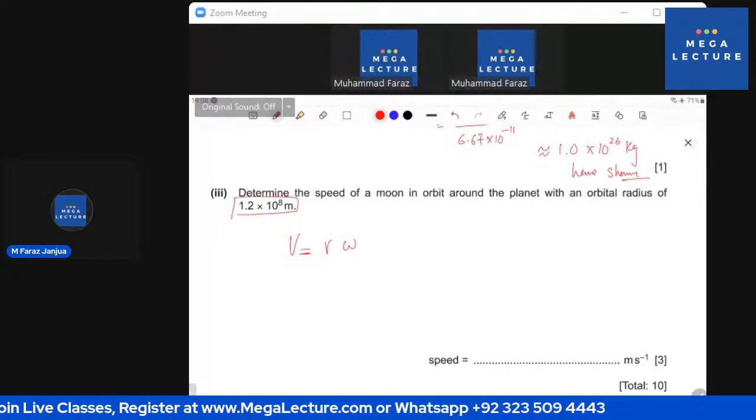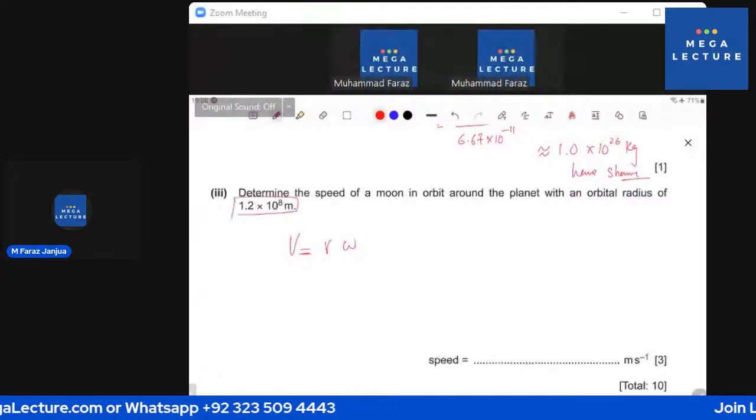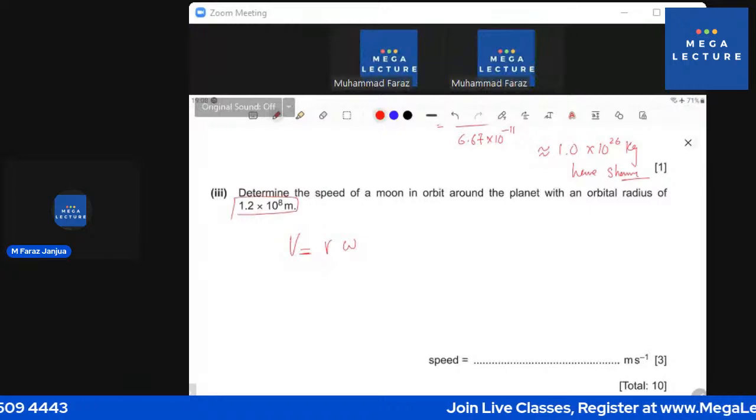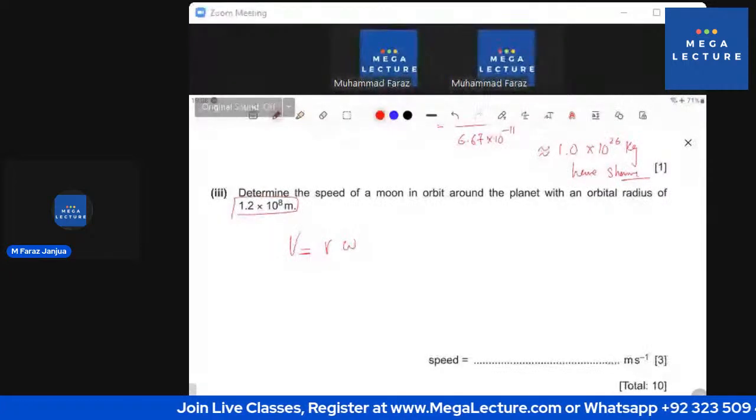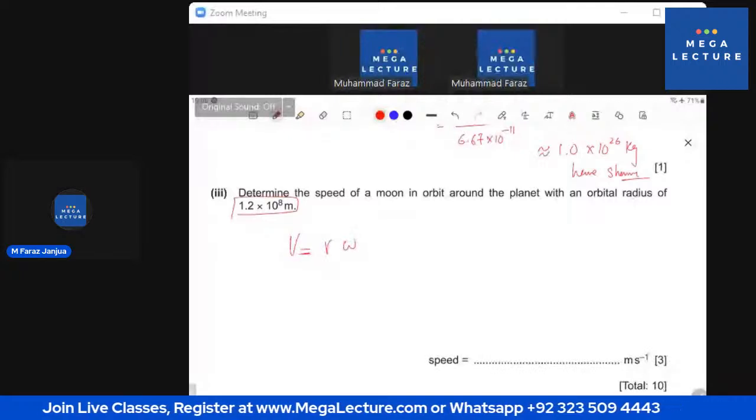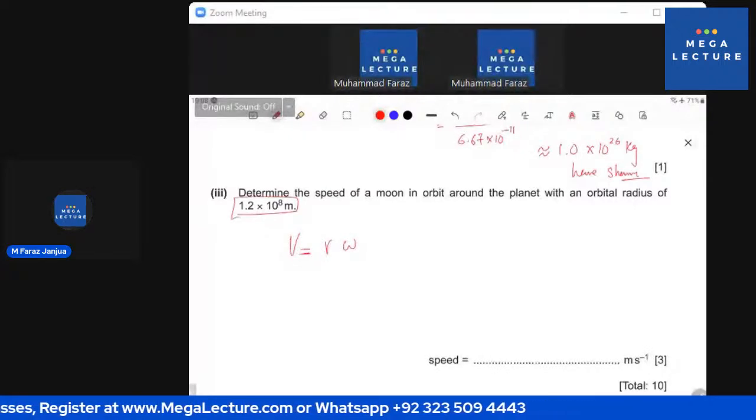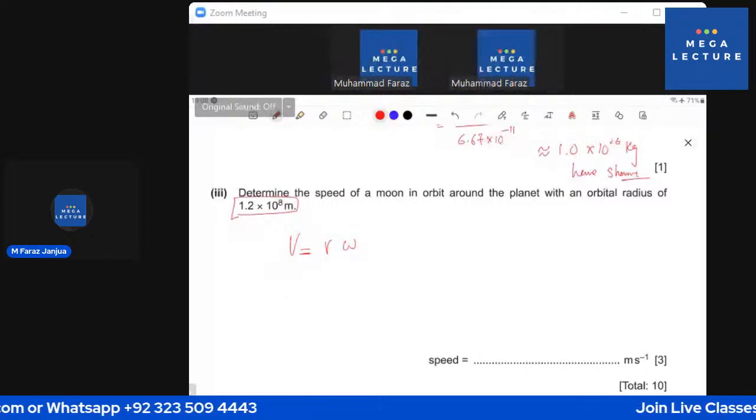If r equals 1.2 times 10 to the power 8, r cube will be 1.2 cubed, 1.73.